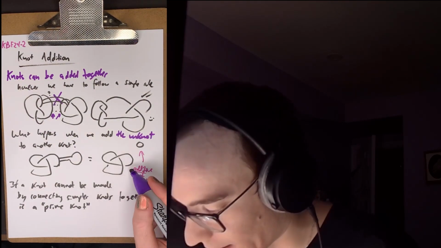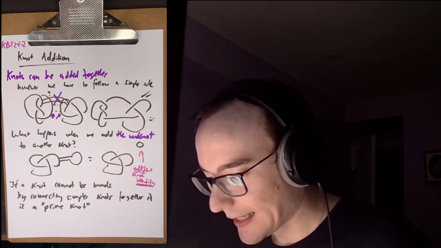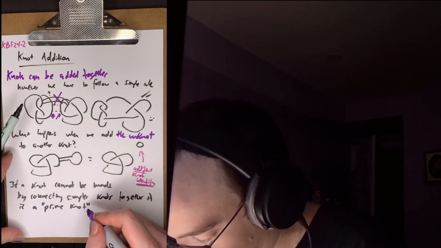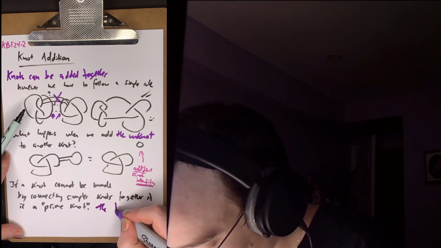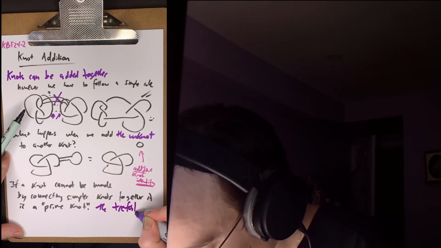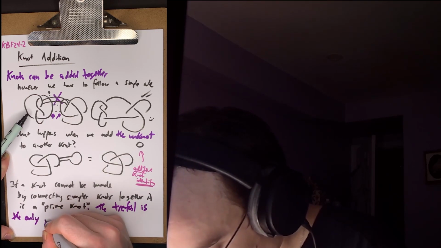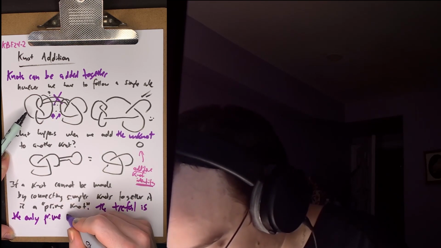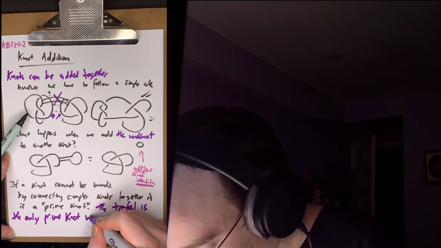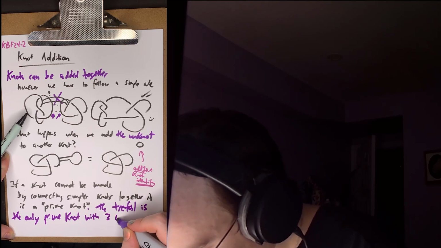Consider the trefoil. The trefoil is the trefoil, right? The trefoil is the only prime knot, period, that exists in the universe. No, I'm kidding. It is the only prime knot with 3 crossings.